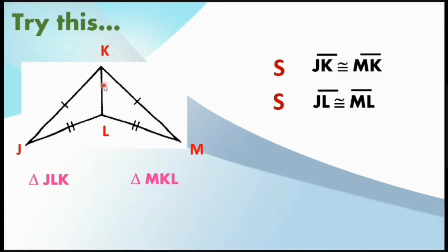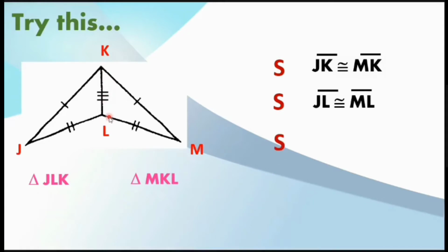So therefore, we can say that this part here is the third pair of congruent parts of the two triangles. We can mark this one as the third congruent side. We can therefore say that side KL corresponds to itself, or side KL is congruent to side KL.